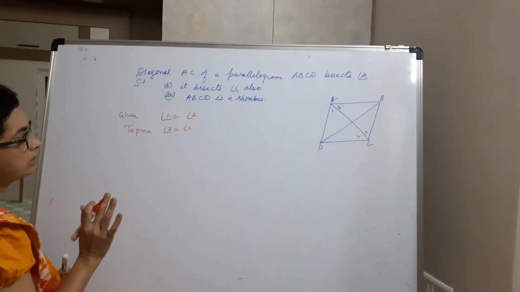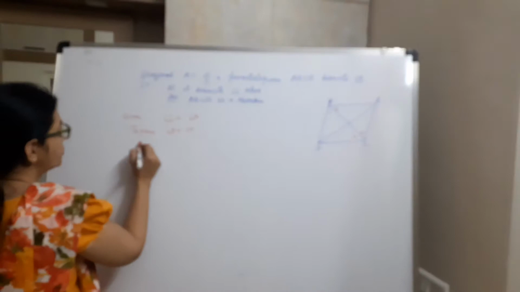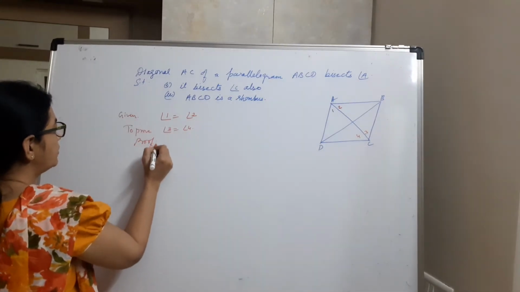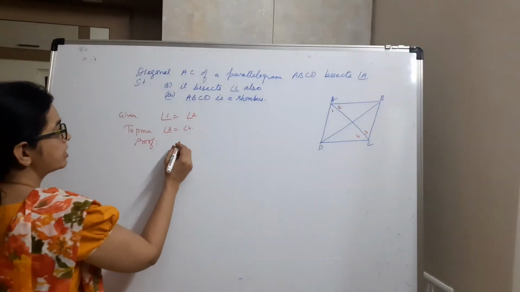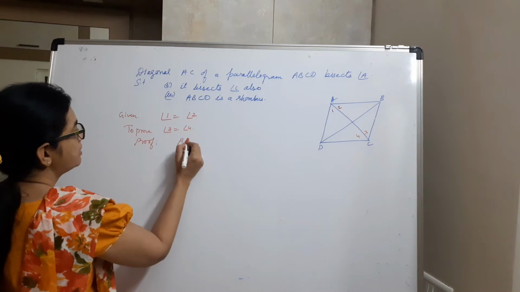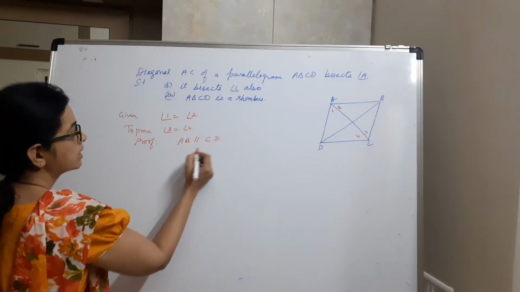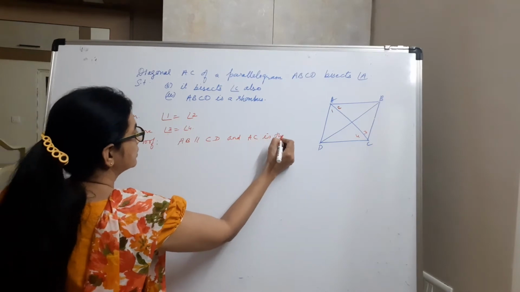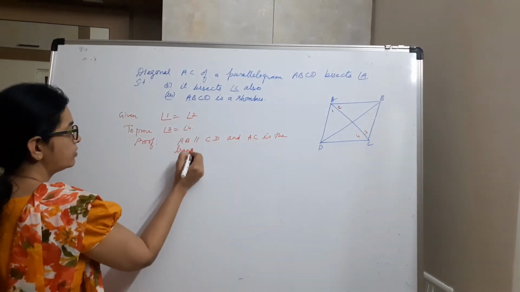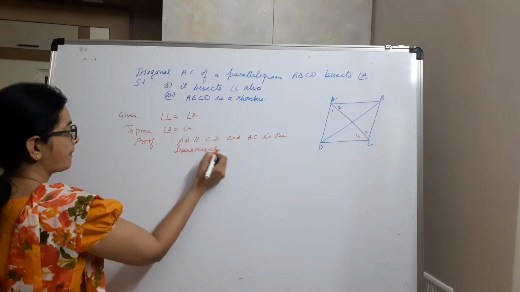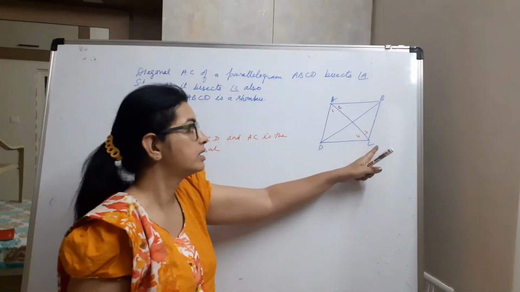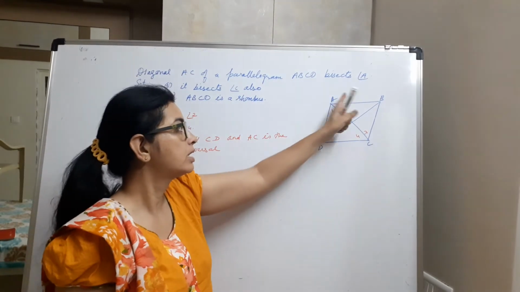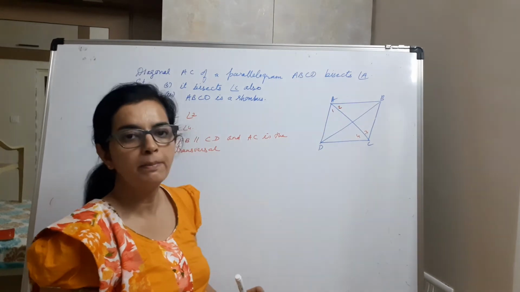Now you know that ABCD is a parallelogram. Using this fact, we are going to proceed. If it is a parallelogram, AB is parallel to CD and AC is the transversal. The diagonal is converted into a transversal, and these opposite sides are parallel.